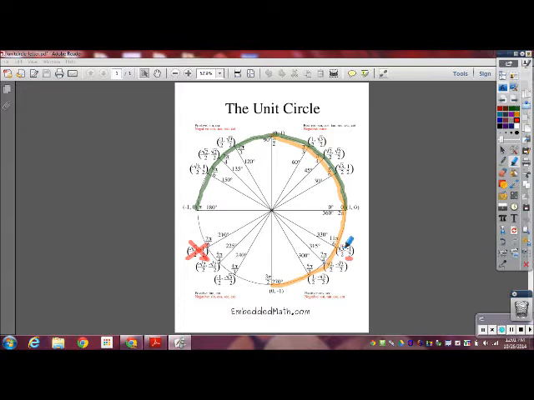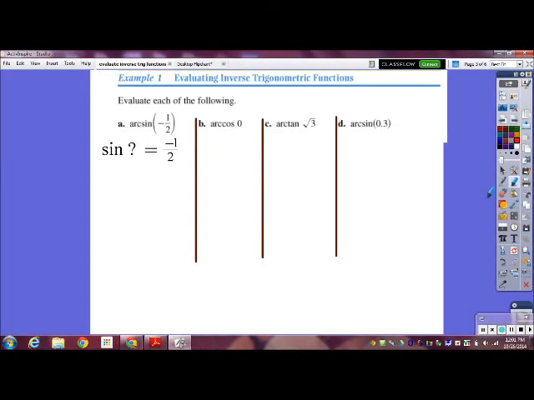So I have to think of it in the context of -1 to 1. So instead of saying that 11 pi/6 is my radian measure, I would say start at 0, move down, and that would be negative pi over 6, and that would fit between negative 1 and 1. So when evaluating, my answer would be negative pi over 6. That is within the domain and range restrictions of arc sine.